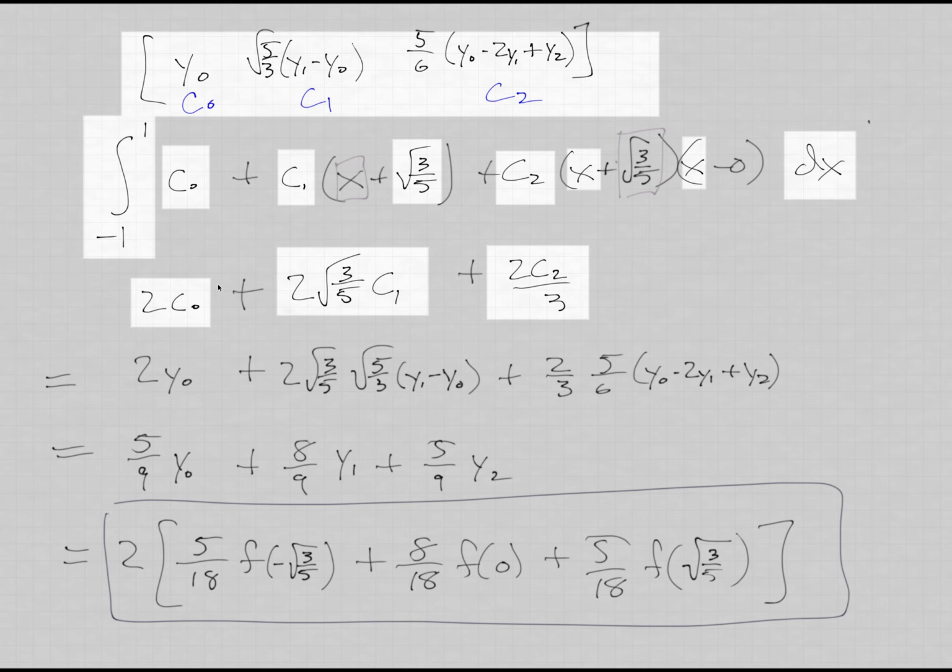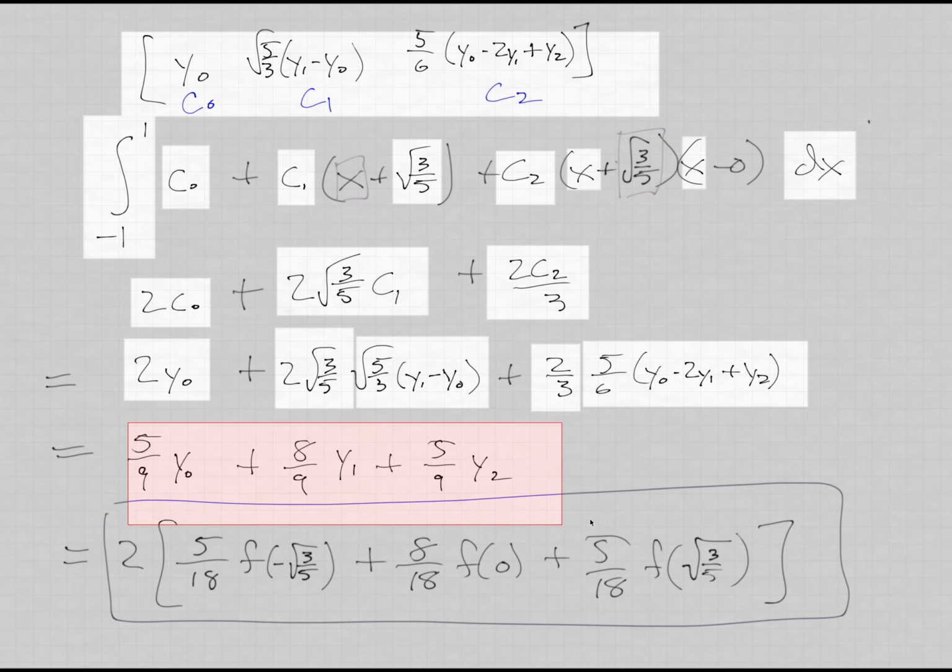And now what I'm going to do is plug in the y values for the c values. So I'm going to replace these c values with their equivalent y expression. So 2C0, well, C0 is just y0, so that's easy. 2 times radical 3/5 times C1, well, C1 was equal to this, right? And 2/3 times C2, well, C2 is equal to this. I did the algebra for you.